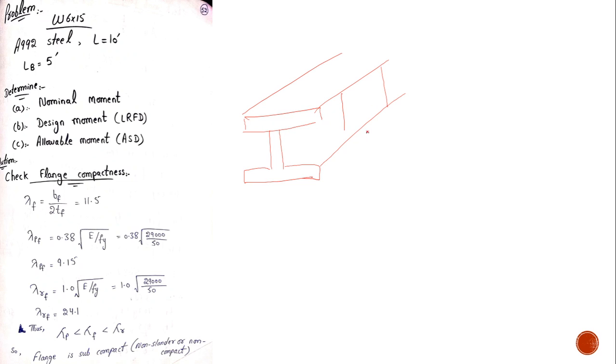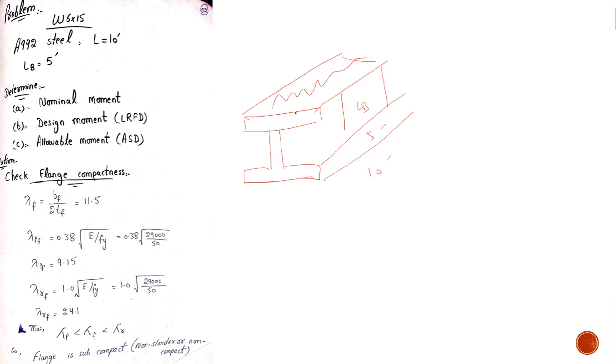Bracing LB is provided at 5 feet, out of a total of 10 feet. The section is braced, and again you will assume that your section is subjected to UDL, that is uniformly distributed load.